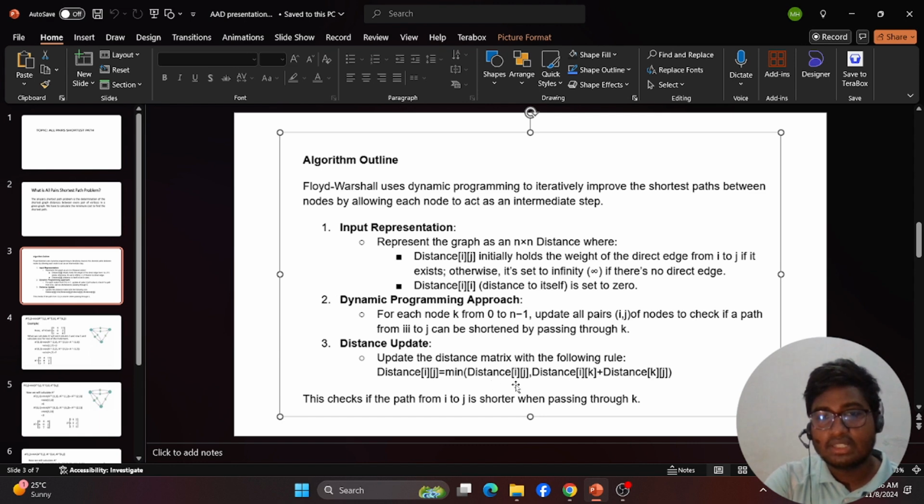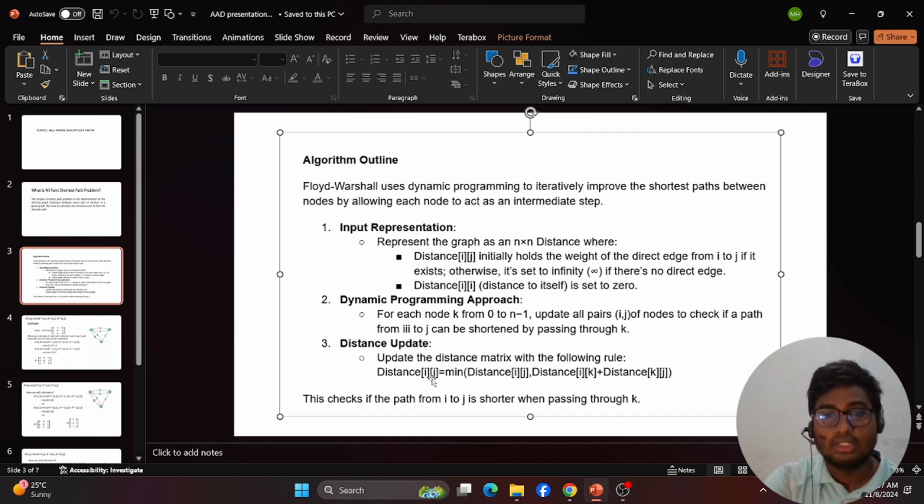We compare distance matrix [i][j] with the summation of distance matrix [i][k] and [k][j], take the minimum value of both, and store that minimum value in distance matrix [i][j].